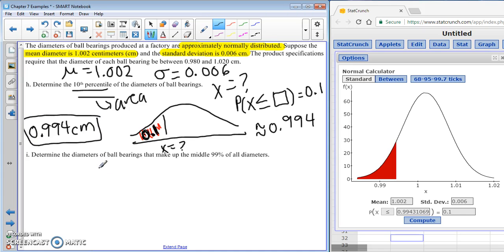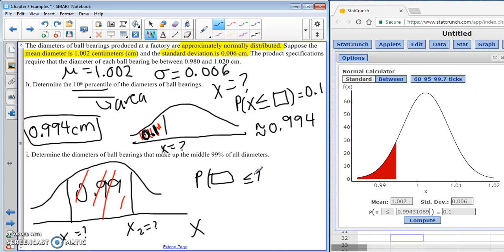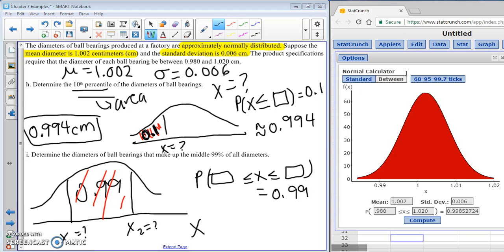And then we want to determine the diameter of the ball bearings that make up the middle 99%. Right? So rough sketch here again. We're looking at x's. 99% is our shaded region in the middle here. We're trying to determine 2 x values. So the probability of it being between 2 values should be 0.99. So we're going to come over to between.